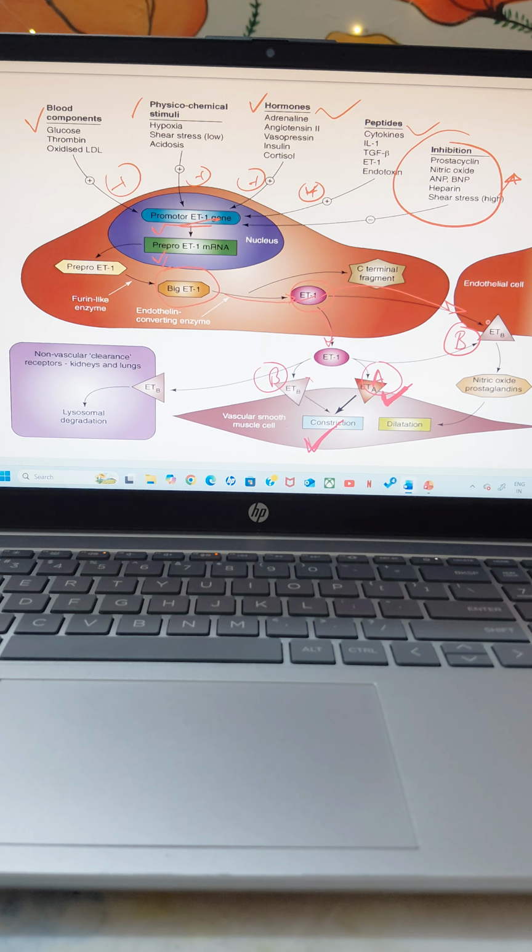But when ETB is present on endothelial cells, it will cause nitric oxide release and cause vasodilation. So ETB has two roles based on its location. If it is located on vascular smooth muscle cells, it causes vasoconstriction. If it is present on endothelial cells, it will cause vasodilation.